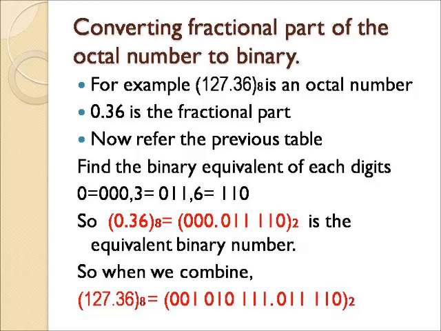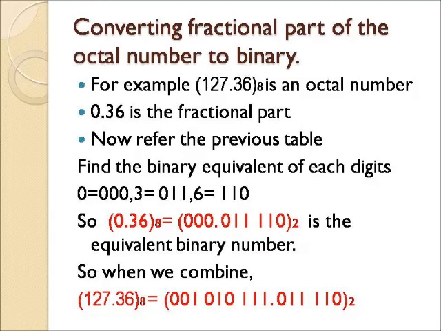Here also we refer to the previous table for the binary equivalent of each digit of the fractional part. 3 is equal to 011 and 6 is equal to 110. So 0.36 can be written as 000 for the 0, point, then 011 for 3 and 110 for 6. That is the equivalent binary number.